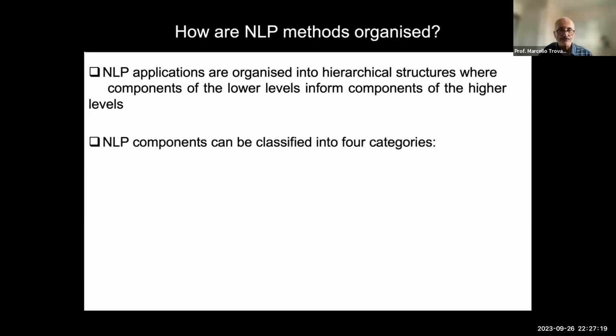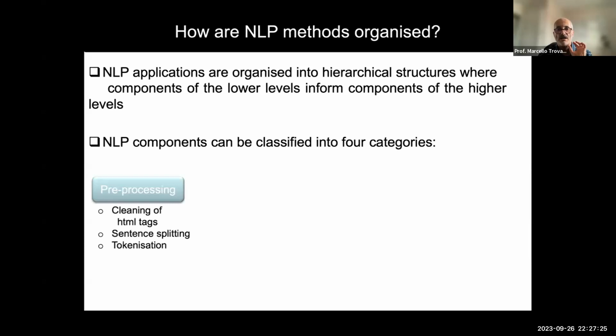We have four main categories, and these include pre-processing. If I am scraping the web, looking at blogs, looking at social media, what I will end up with is a lot of rubbish, for example HTML tags and other things that I don't need. I just need the text.